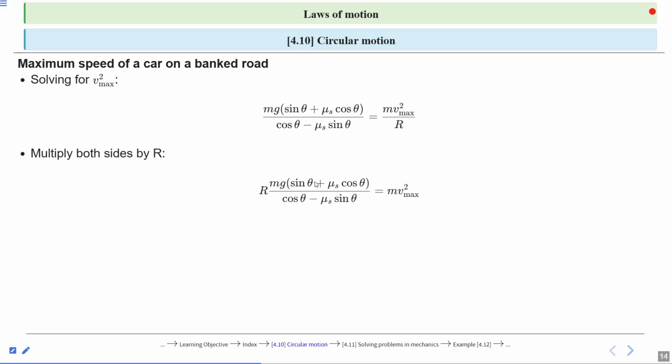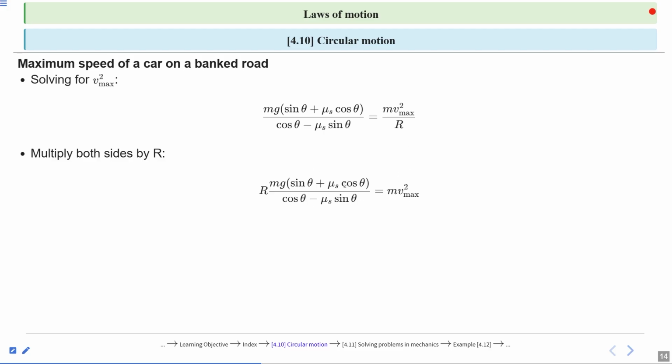We have mg (sin theta plus mu s cos theta) divided by (cos theta minus mu s sin theta) equal to m v square max divided by r. Multiplying both sides by r, the equation is r into mg (sin theta plus mu s cos theta) divided by (cos theta minus mu s sin theta) equal to m v square max. R cancels out here, and the remaining term is this one.